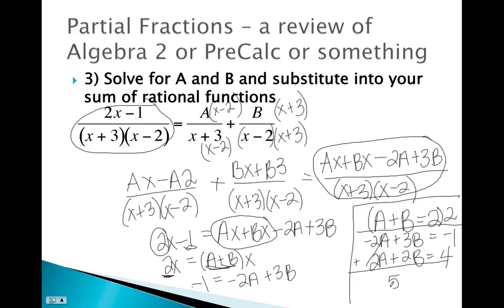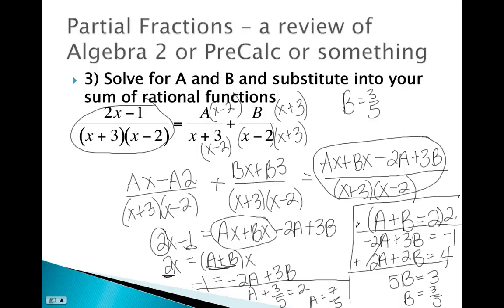And I get 5b is equal to 3, so b must equal 3/5. And then I'm going to plug that in for b up here. I am so completely out of room. I'm going to finish this over here. I'm really sorry, guys. A plus 3/5 is equal to 2. So a must equal 7/5.